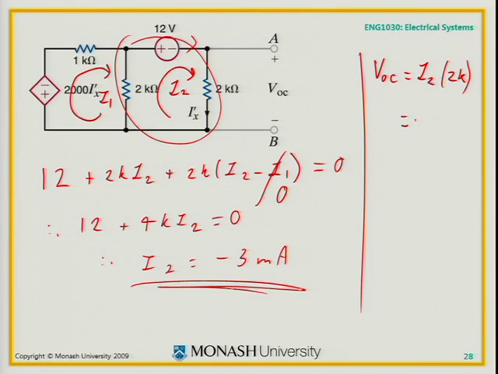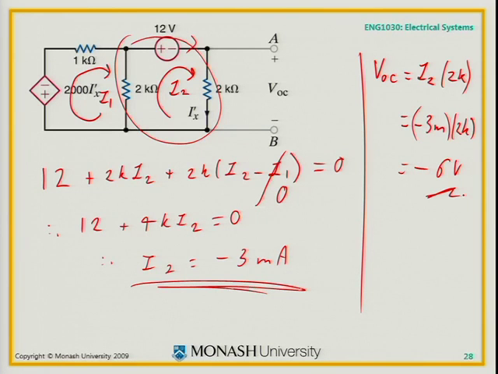That equals minus 3 milliamps by 2k, which equals minus 6 volts. So VOC is minus 6 volts.